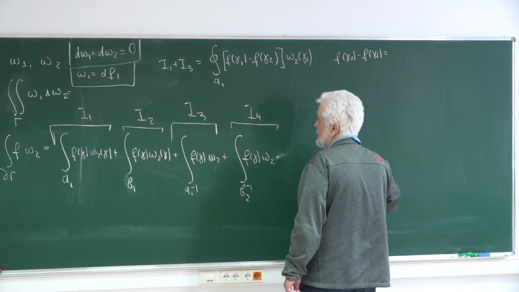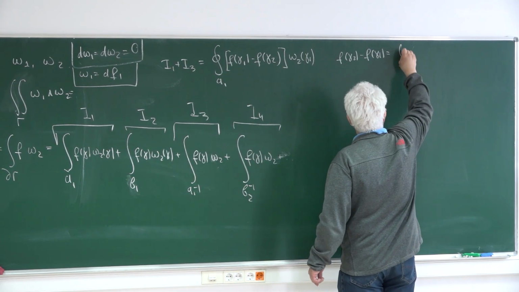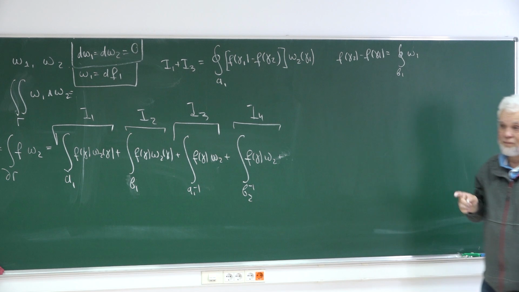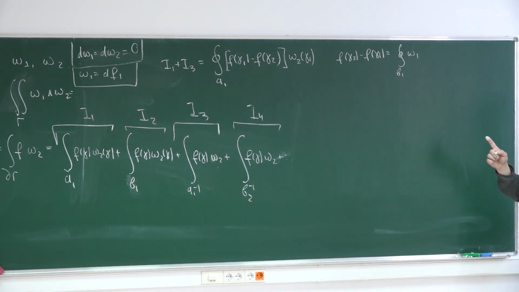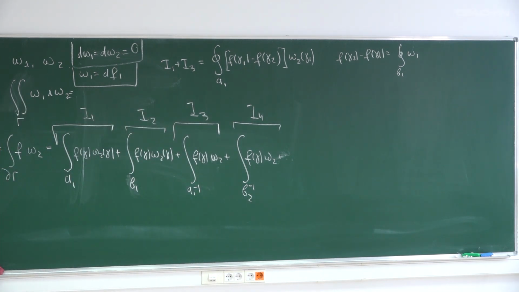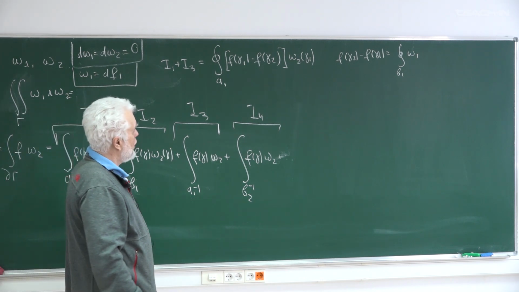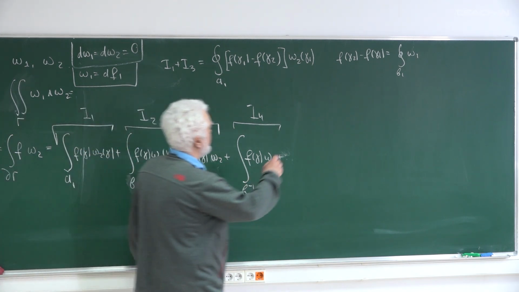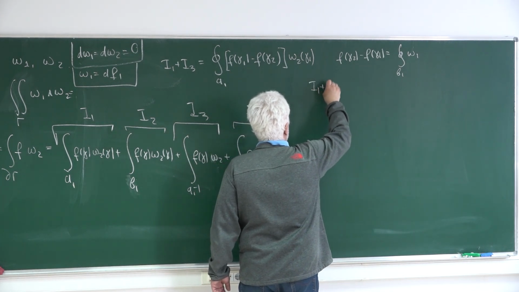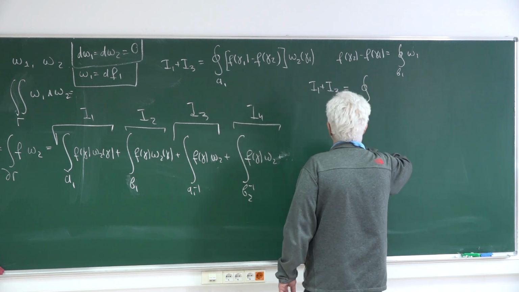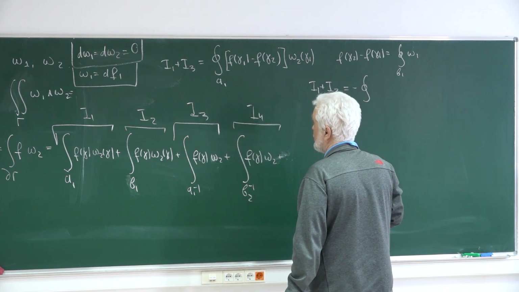But what does it mean? F of gamma 1 is the integral over B1 of omega 1. You agree? Because this is exactly the B-cycle. It's homotopic to the B-cycle. Therefore, you have the following identity. F of gamma 2, therefore, we obtain the integral minus the integral.